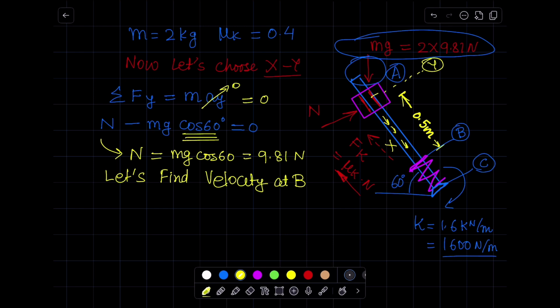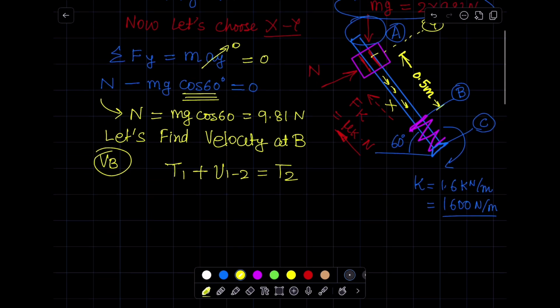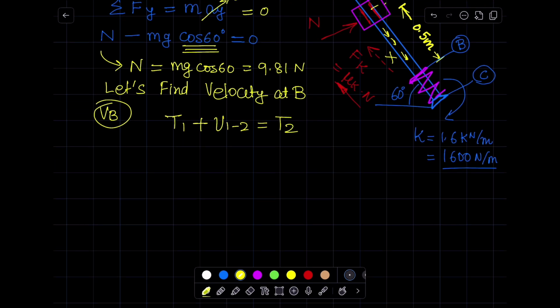Now let's solve for the position B, where we have to find the velocity. To find this velocity, we will apply the work-energy formula, using the kinetic energy relation. So we can write T1 plus the work done from 1 to 2 is equal to T2.